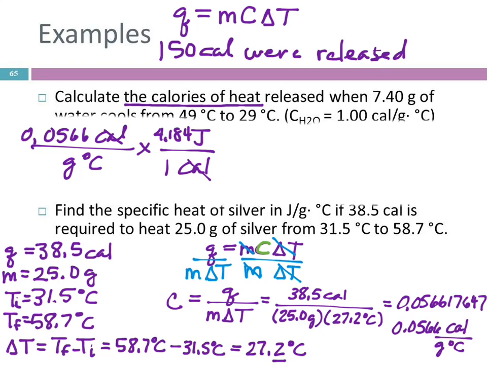Okay, so I'm going to take that 0.0566. I still have this number in my calculator, and so I'm going to use the whole thing, because this really wasn't our final answer. We shouldn't have rounded it just yet. So I'm going to multiply by 4.184 and press the equal sign. And I'm going to get another big horrendous number.